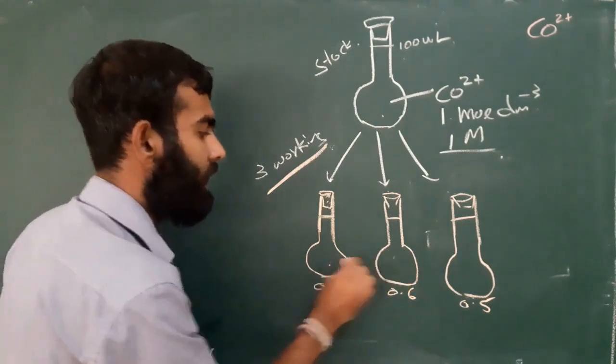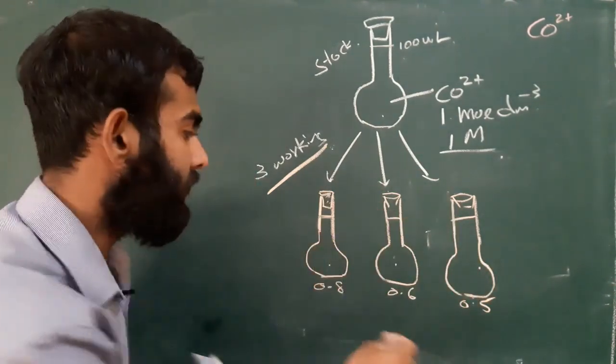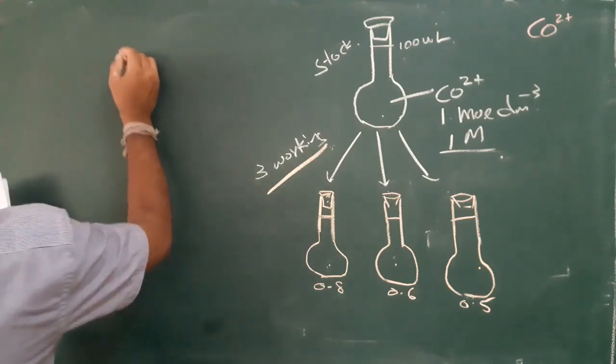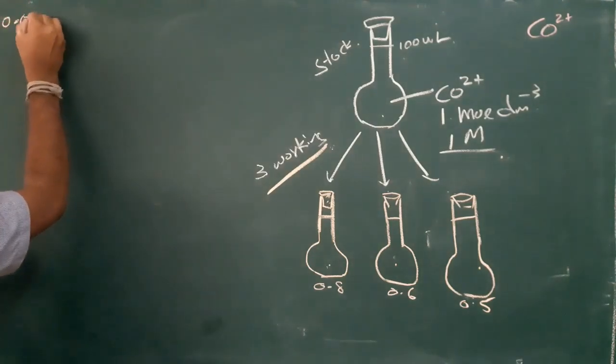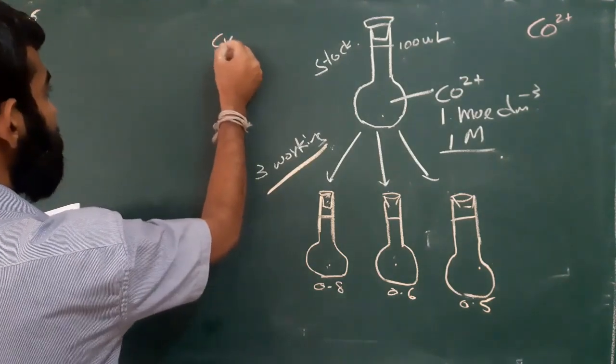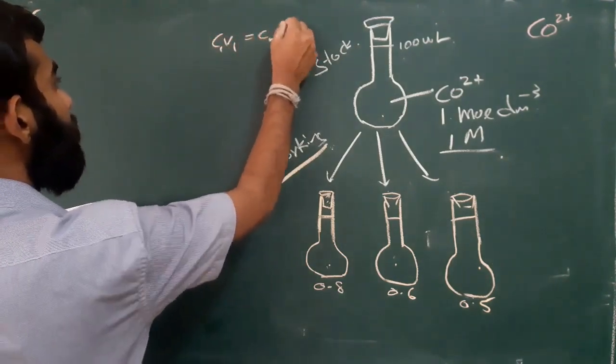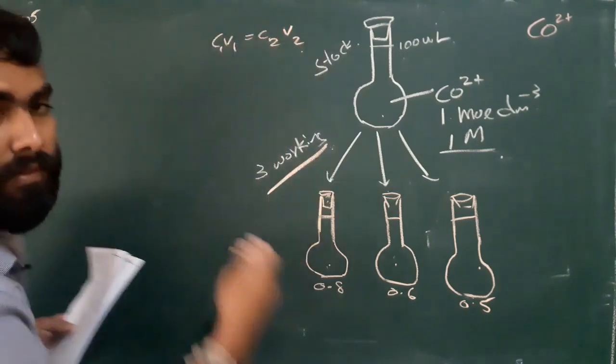From these 3 working solutions, we will prepare another series of dilutions. One is 0.05. We have to use the C1V1 equals C2V2 equation to prepare this dilution series.